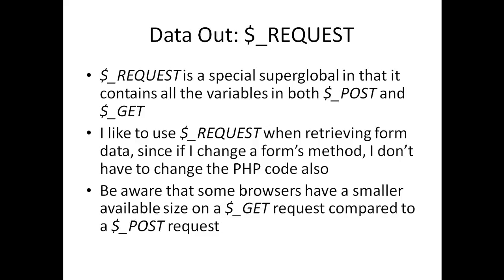I also put a bullet point in here which says, be aware that some browsers have a smaller available size on a GET request compared to a POST request. And I found that out the hard way. I had a GET request, method equal GET, on a form that contained a lot of variables, and the browser just cut them off.